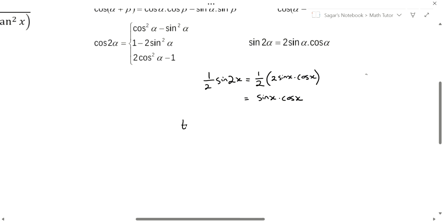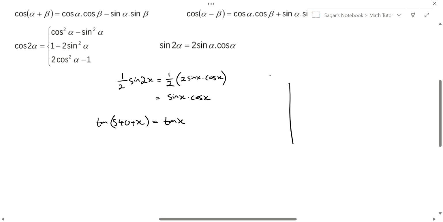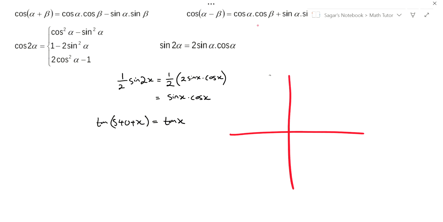So we've got tan (540 plus x), which is equal to tan x. Why is this the case? Let us draw the Cartesian plane. Let us take any value of x, let's say 50.